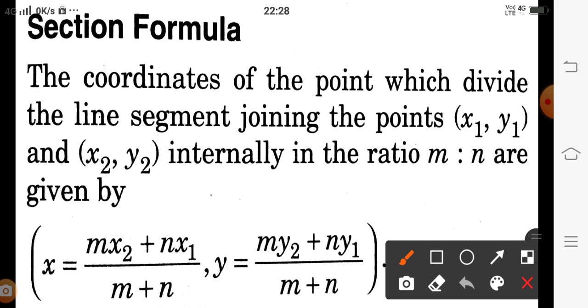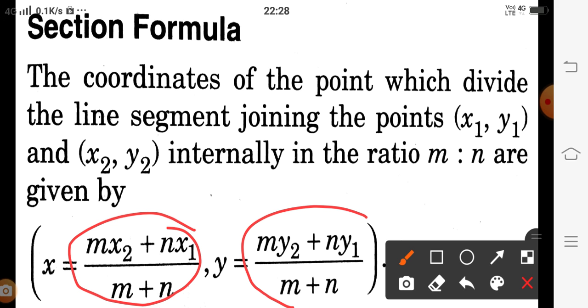If the ratio is given in which that point divides the line segment, then the formula we get is mx2 plus nx1 upon m plus n, and the y coordinate we get as my2 plus ny1 upon m plus n. In the previous presentation we have done the proof of this one.